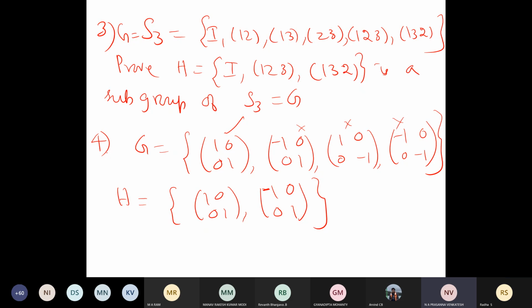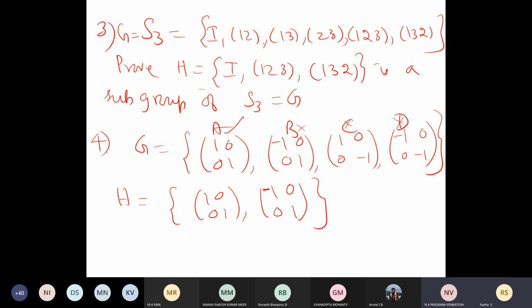If I name them as A, B, C, D, then along with A, the identity element is necessary, there is no other way, you have to bring it inside. So along with A, you can take B or C or D, just like you have seen there.